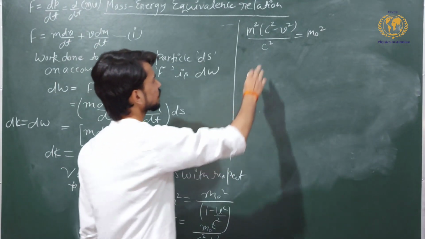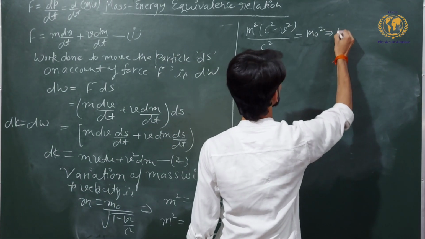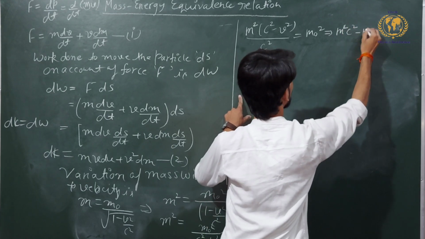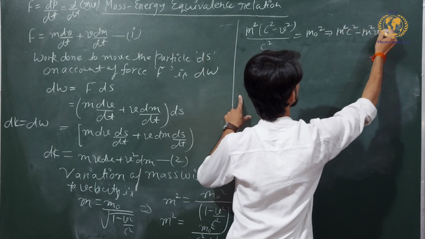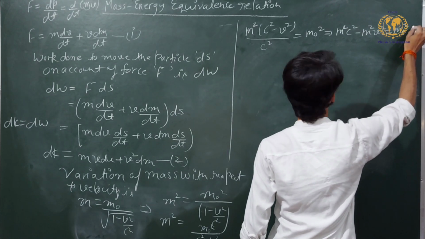Again you can take this c square and multiply it with m naught square. So this will give me m square c square minus m square v square equals m naught square c square.